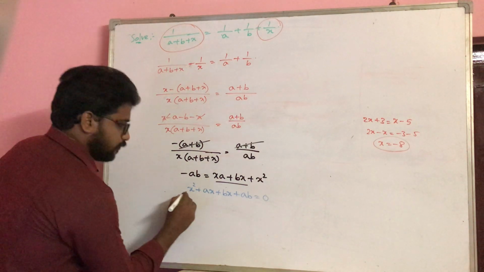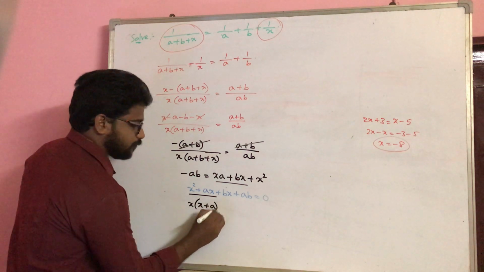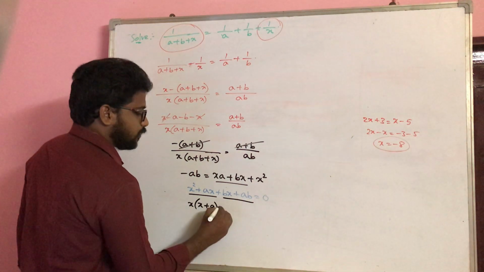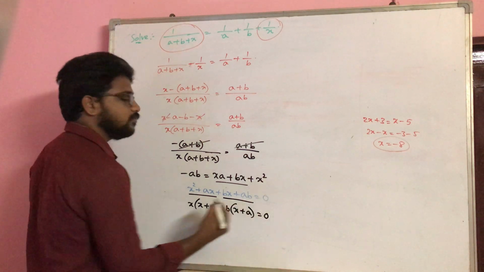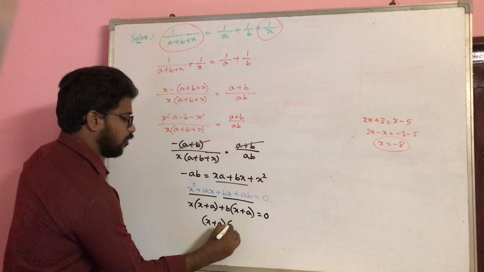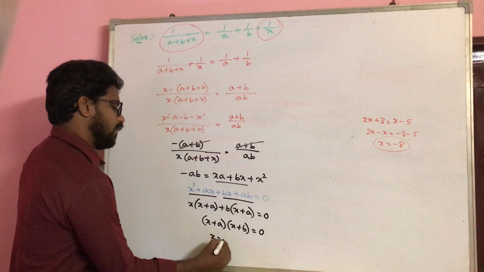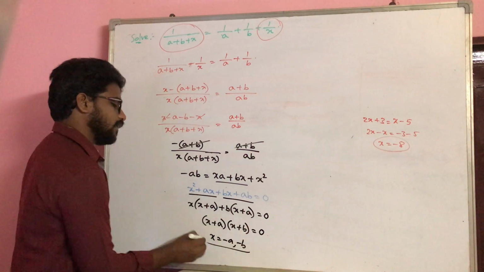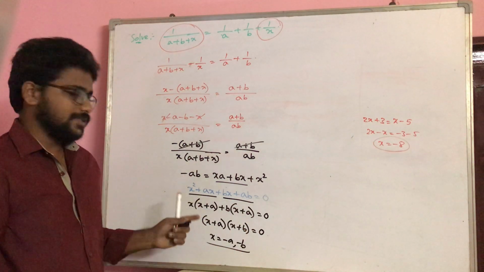If you observe here, from the first two terms I can pull x as common, I get x plus a. From the next two terms I will take b as common, I get x plus a, is equal to 0. So on the whole I can take x plus a as common, then I get (x plus a) into (x plus b) is equal to 0. I will get the two roots as x is equal to minus a, comma, minus b. So hope you understood this logic.